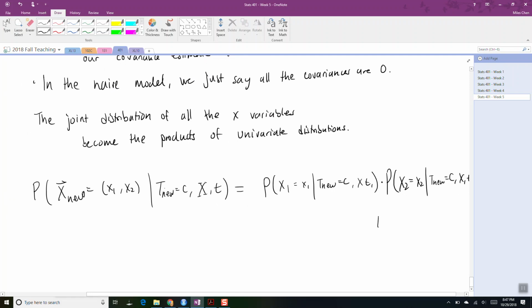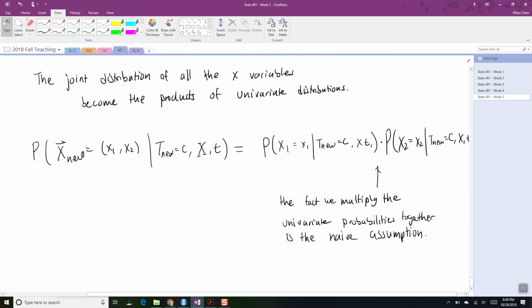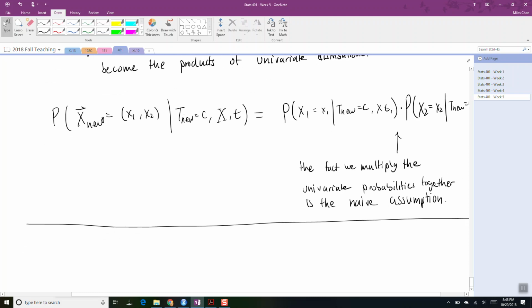The fact that we just multiply the univariate probabilities together is the naive assumption, because there could be a covariance term that we have to worry about, but in a lot of circumstances it's okay to make this naive assumption and just multiply them together.